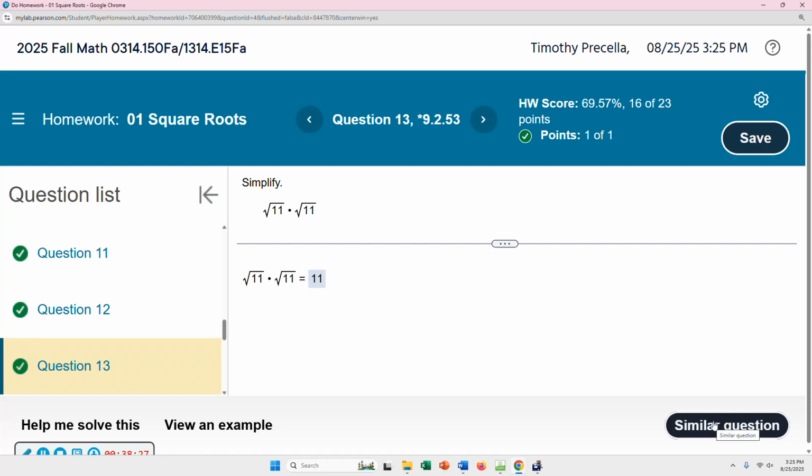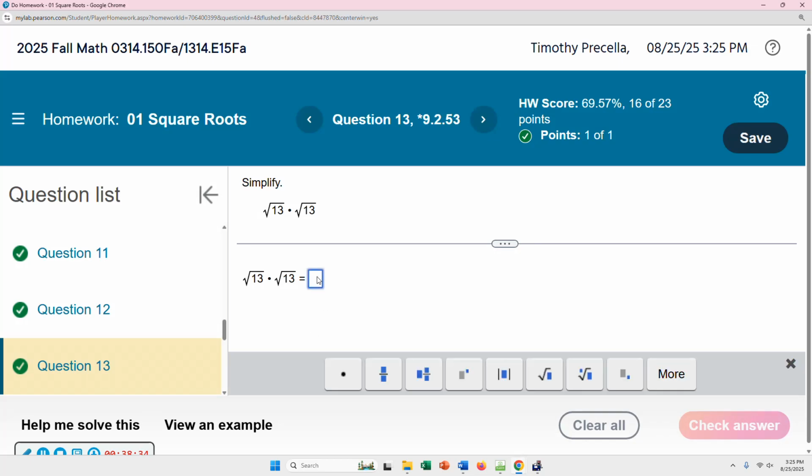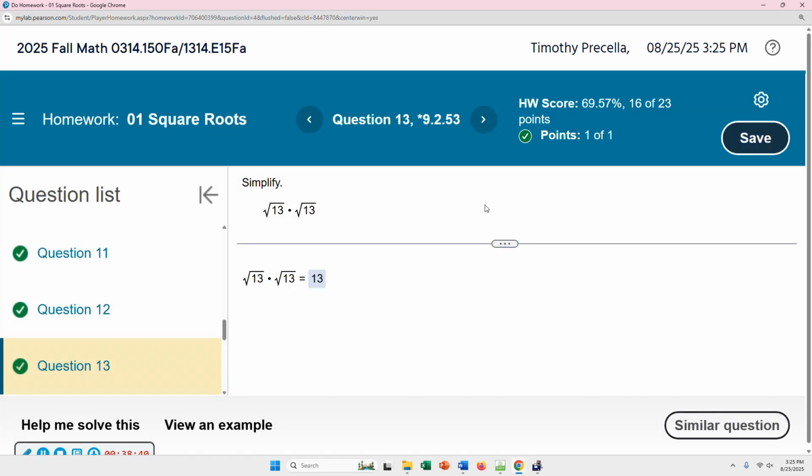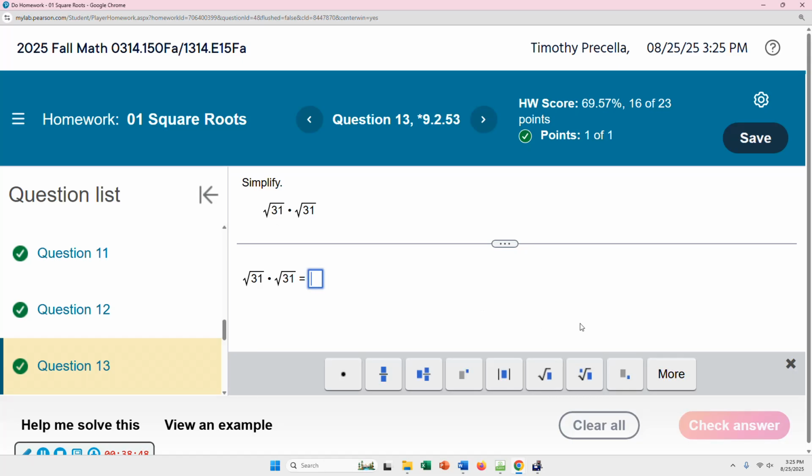We don't have to write it down, just call out the answer to me. Square root of 13 times the square root of 13 is 13. That's right. And just to make sure they get the hang of it, one more. Similar question. The square root of 31 times itself is just 31.